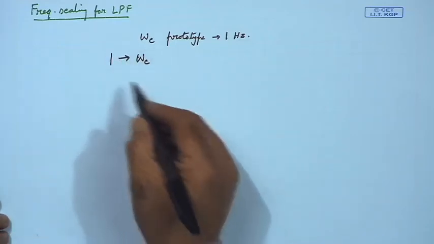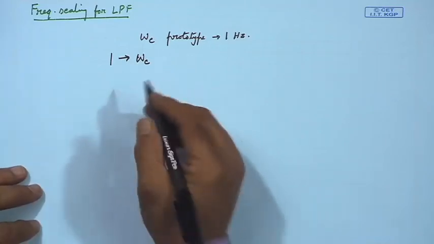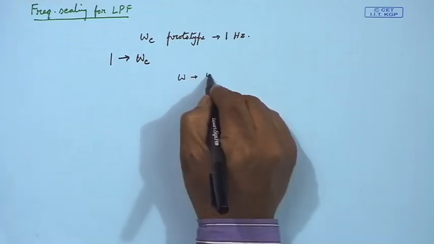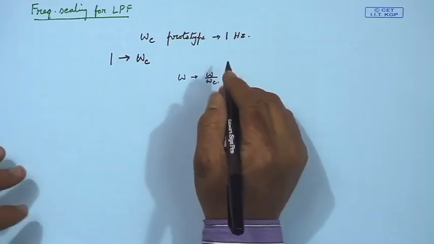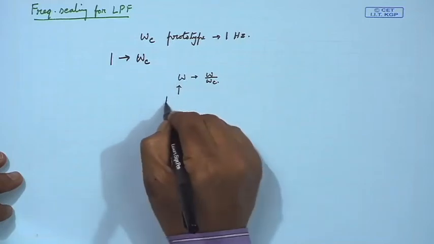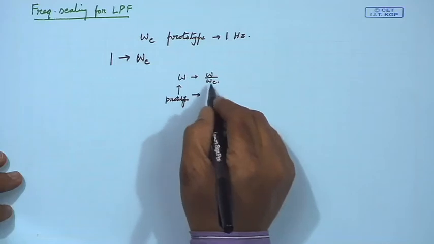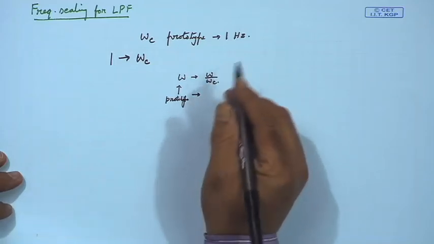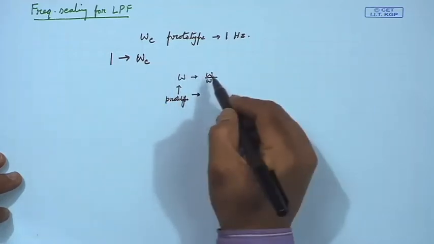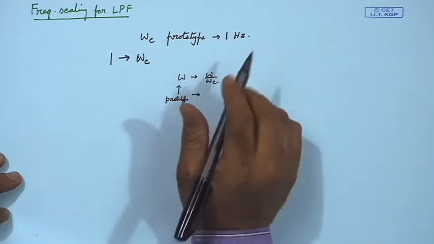That means we need to replace the omega in the prototype by omega by omega c; then only will the cutoff frequency change, because the prototype cutoff is 1. You see, when omega is equal to omega c, this becomes 1 again. So, that is the scaling.